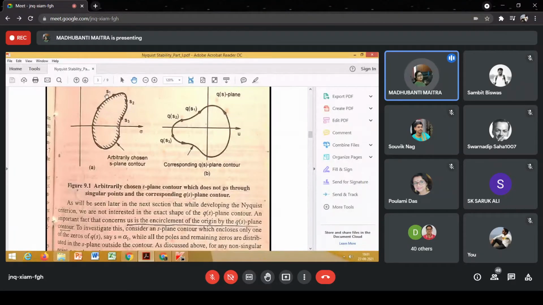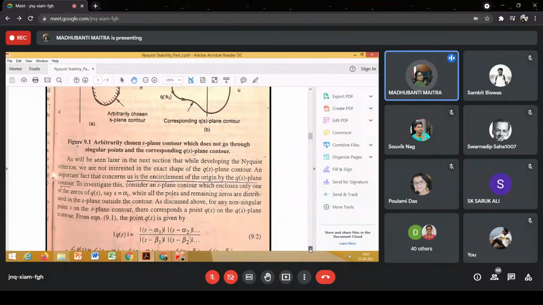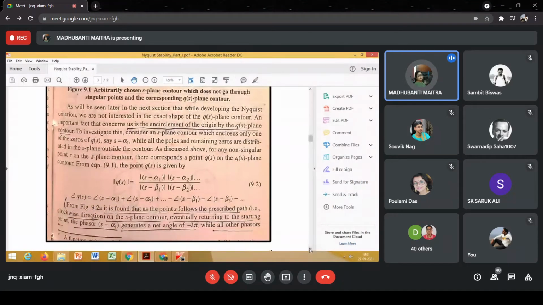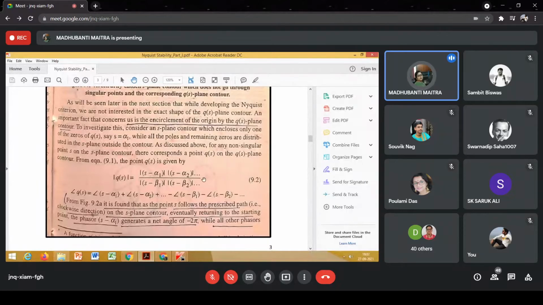Now, for any point S1 at which Q(S) is analytic, Q(S1) will be a complex number, hence it will have a magnitude and a phase angle, right?